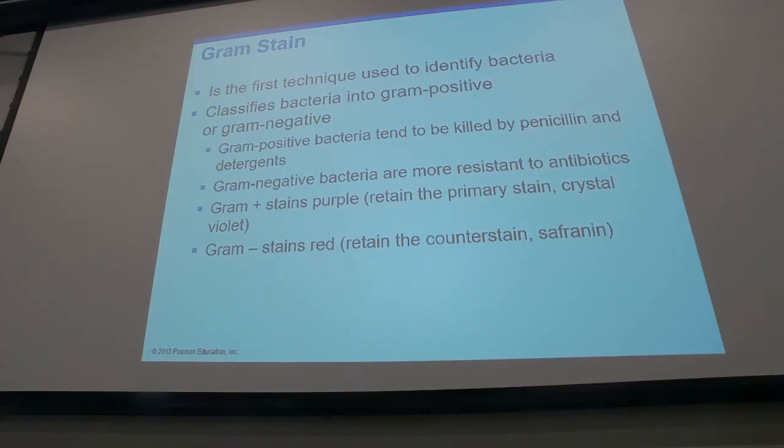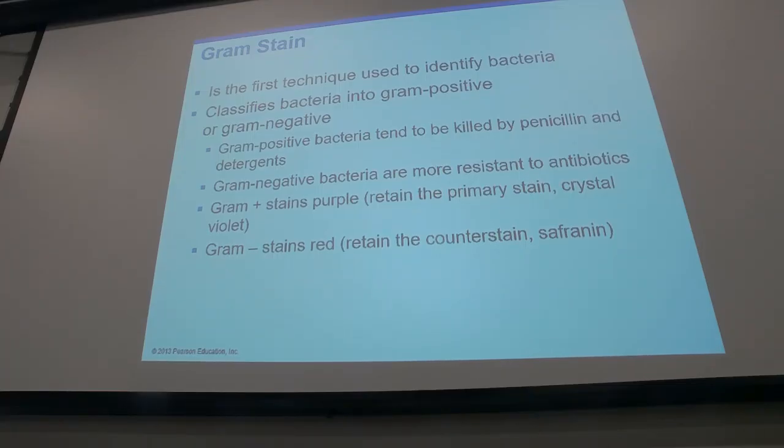So for gram stain, basically this was the first technique that was used to distinguish groups of bacteria. Bacteria stained with this technique can be classified as gram-positive or gram-negative.